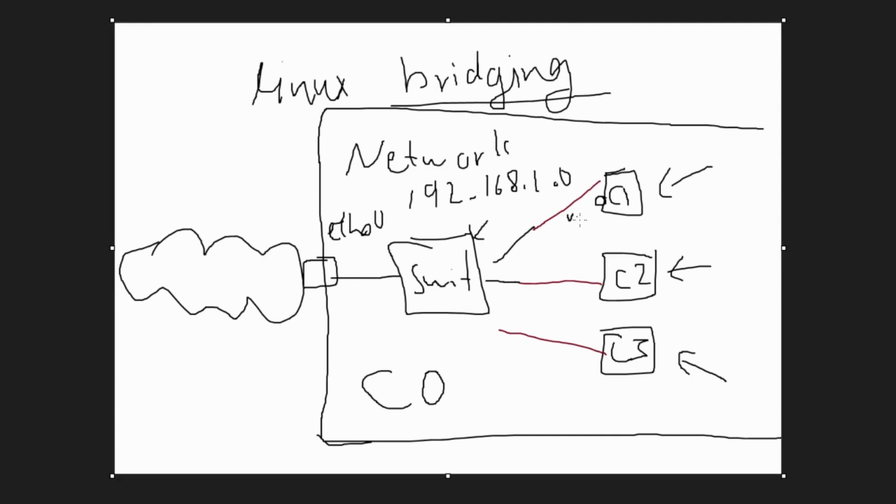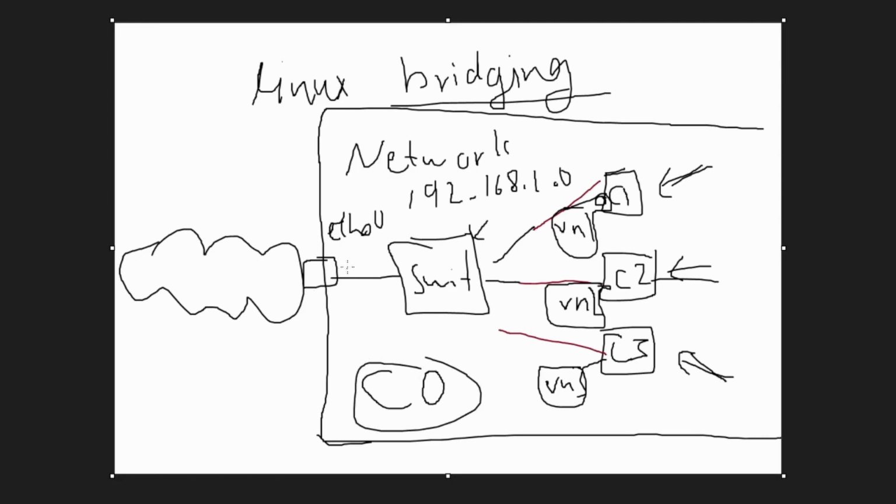Let's call it, for example, VN1. So each of these computers will have its own small virtual interface connected to it, and this huge computer, which encapsulates computer 1, computer 2, computer 3, and itself, has an actual physical network interface, Ethernet 0.